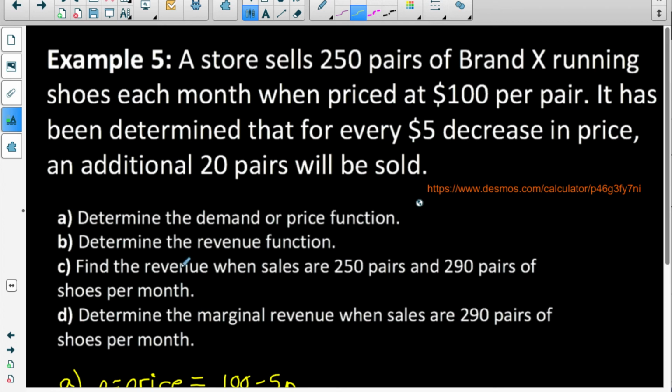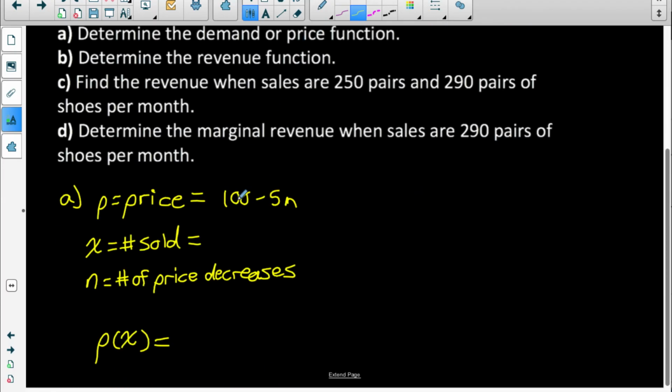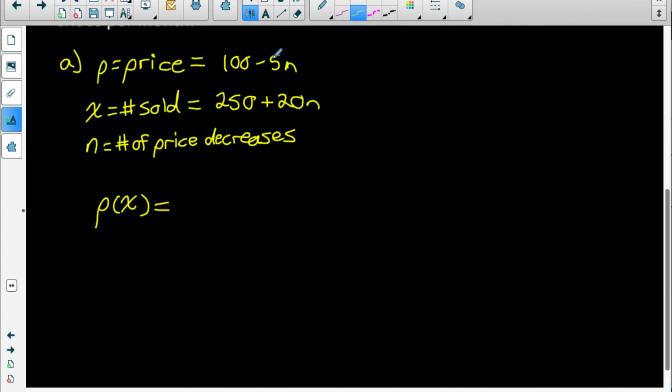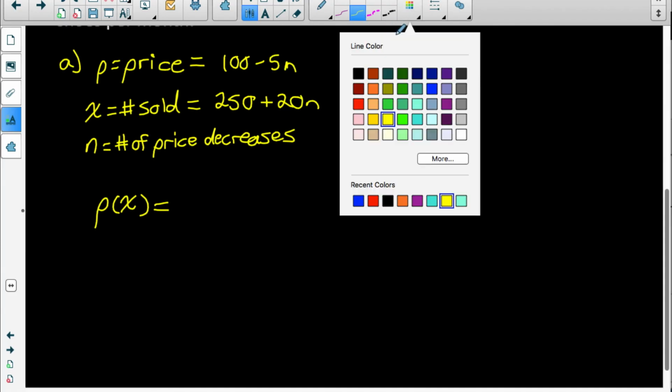And numbers sold, they sold 250, but that's going to go up by 20 every time they decrease the price, so 250 plus 20n. But we want to write the price function in terms of x. Right now I have price written in terms of n, the number of price decreases.